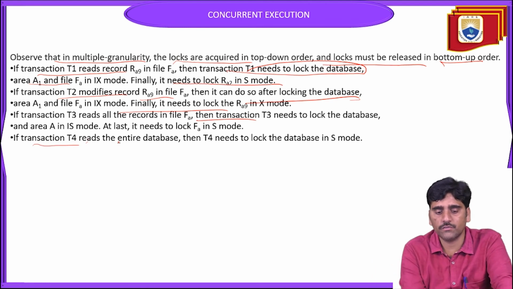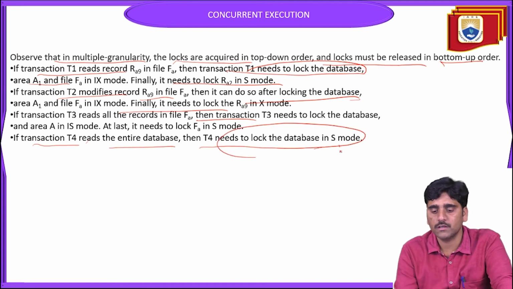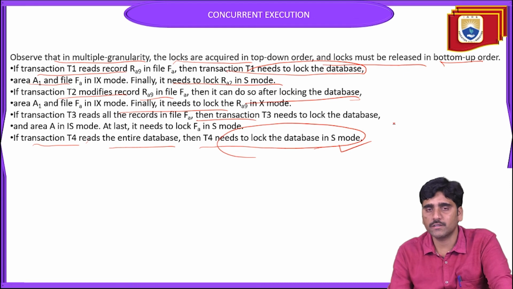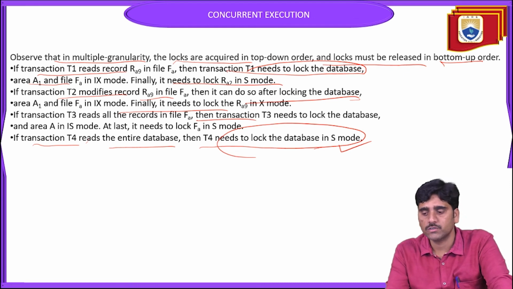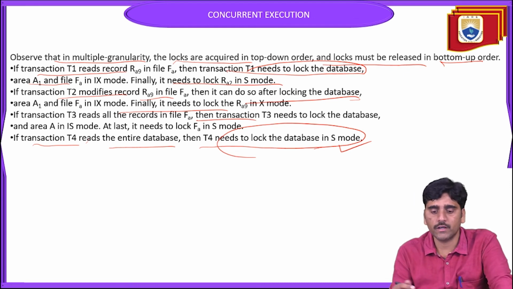If transaction T4 reads the entire database, then T4 needs to lock the database in shared mode. This is the way we can understand all the locks. These are the different types of locks with different modes. So this is about lock modes in concurrent execution.